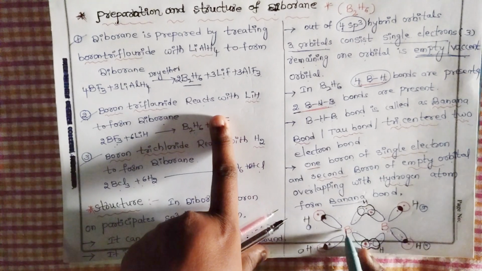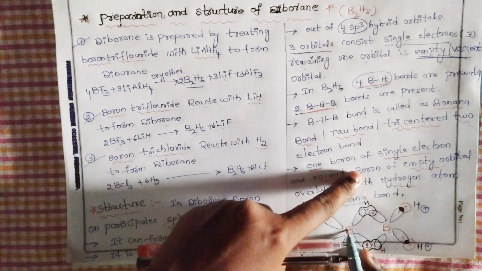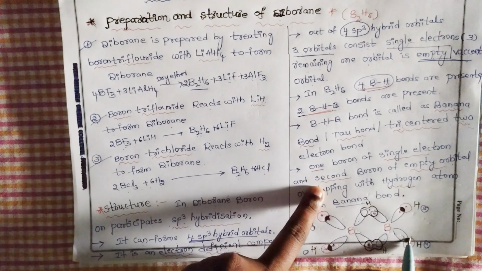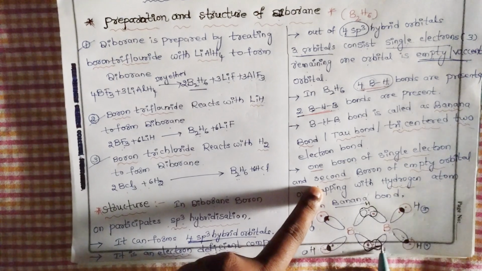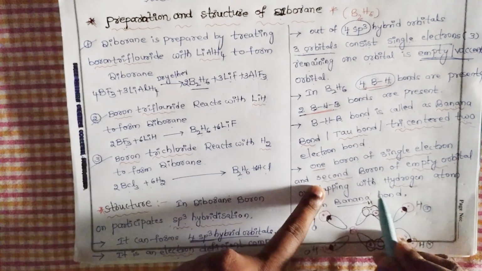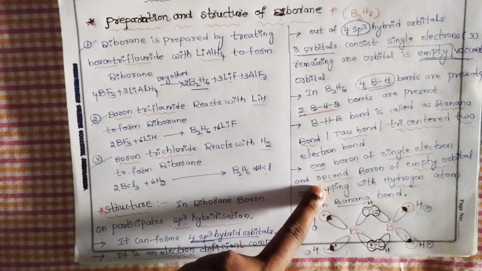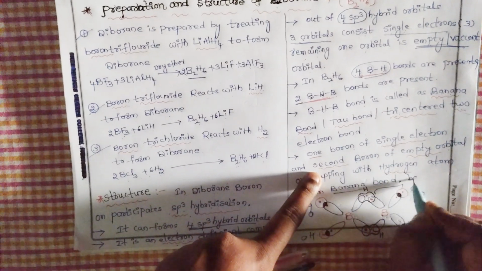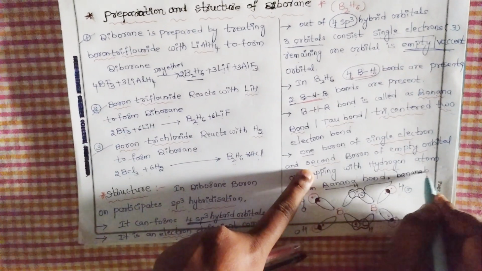2 BHB bonds. One boron has a single electron, and the second boron has which orbital? An empty orbital, overlapping with hydrogen. That is why this bond is called the banana bond.